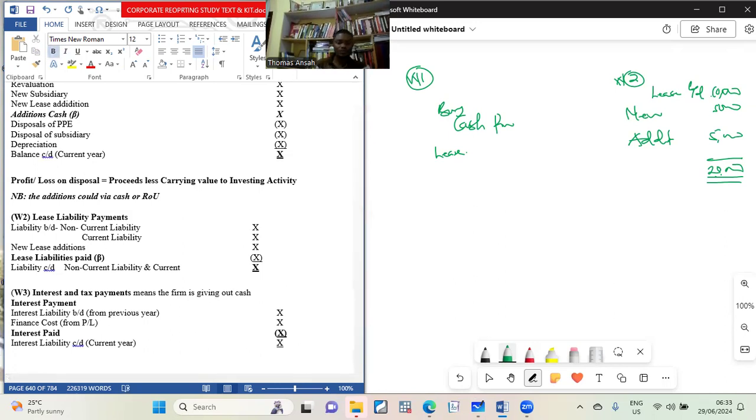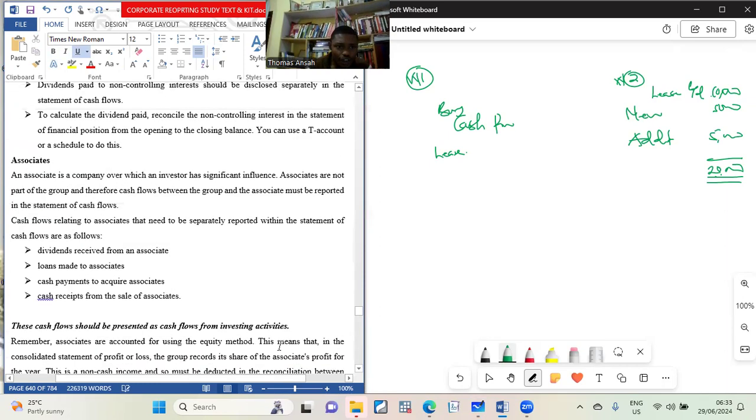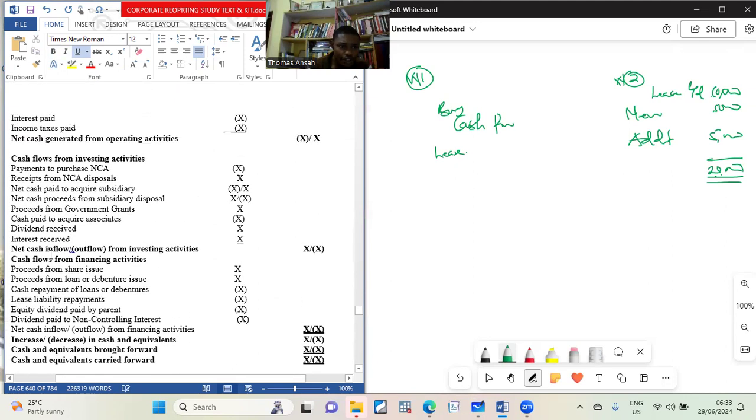You come and do your workings 3 also, which is your interest and tax. You pick up all your interest, your finance cost. You look at your current liabilities, balance brought down. Bring in the one in the P&L, then compare it to your closing balance. Then you will see that the difference is the interest paid. This is how you find the interest paid in the format here.